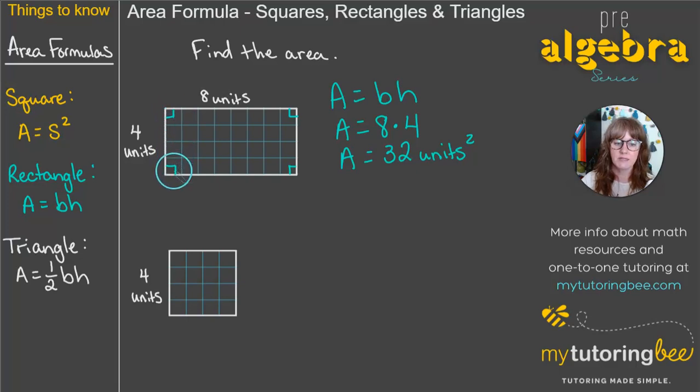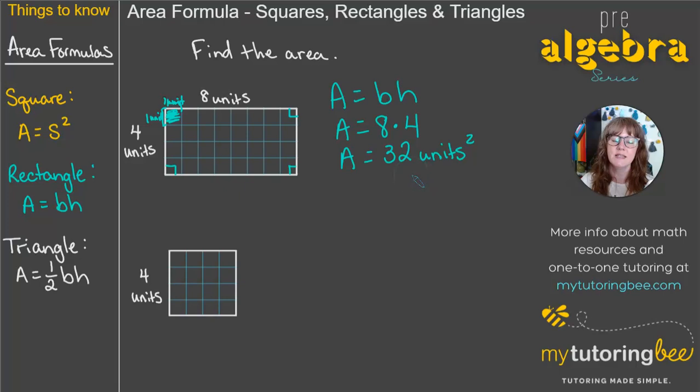And if you count down the side of this rectangle, you will count 4 square units. So what we're looking for when we're finding area is how many unit squares, just one little 1 unit by 1 unit square, wide and long this rectangle is. So if we were to count up all of these little unit squares, we would count 32 squares.